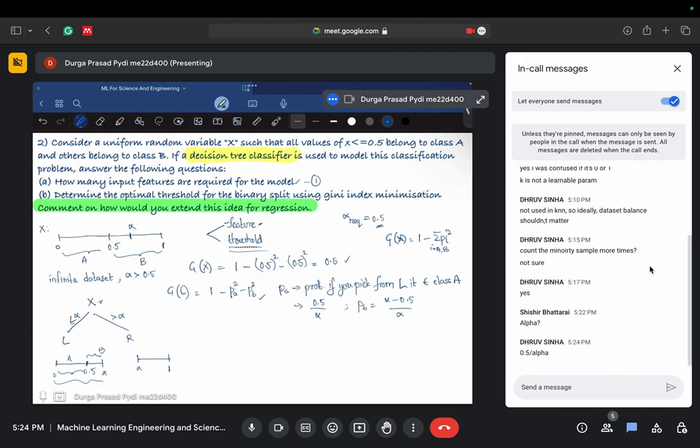Similarly, what about GR? It's the same thing. The only difference is now instead of L, you will have it on R. So what is PA here?